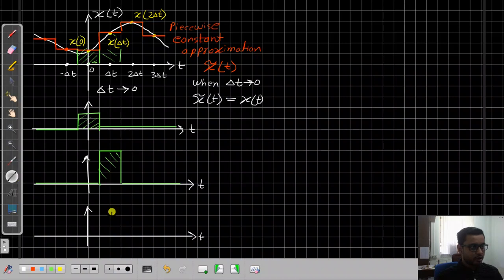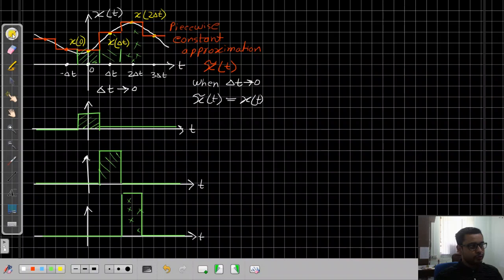Next, consider this region where the height is 1, 2, 3, 4. So I draw it like this. This is the same as this region.